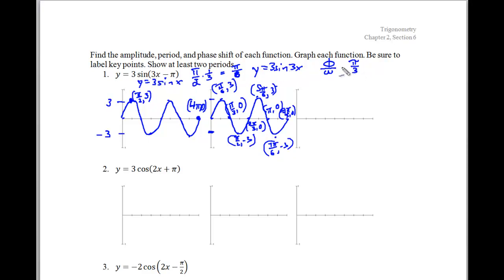So this becomes our phase shift. It's a phase shift to the right, pi over 3 units, because of the subtraction, we don't have to modify this pi at all. Its base is set up as a subtraction problem. So pi over 3 units is 2 intervals along the x-axis.